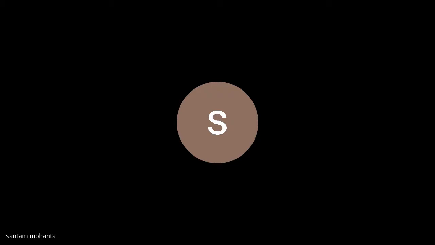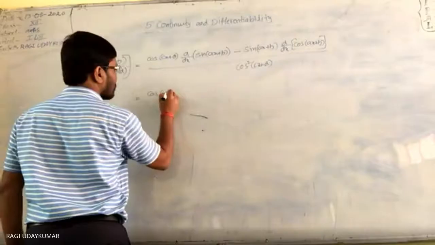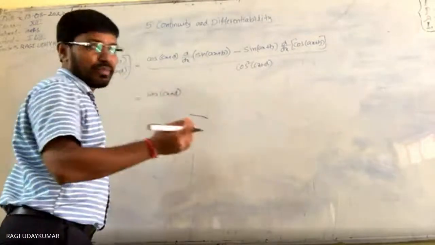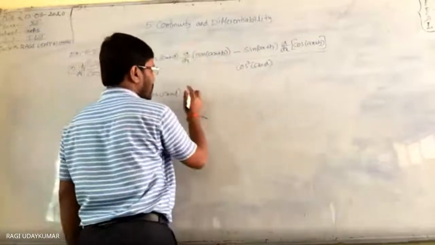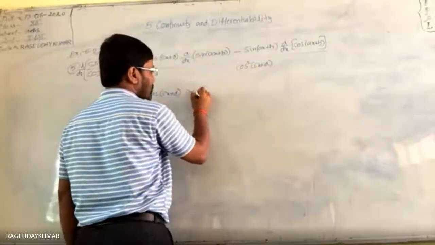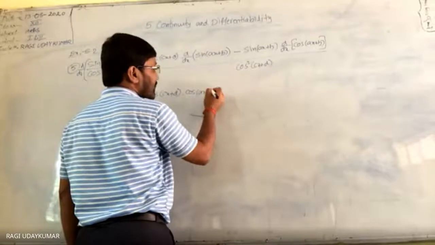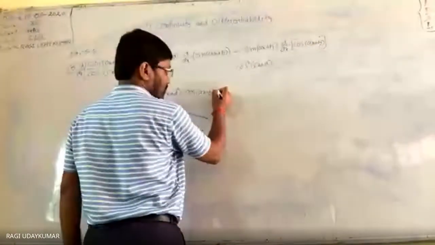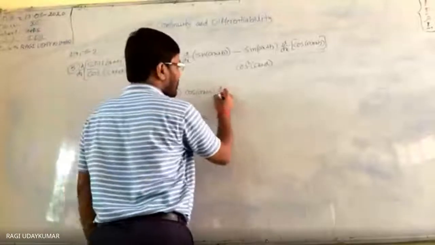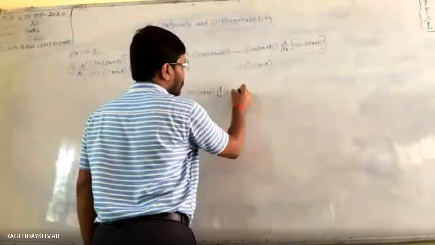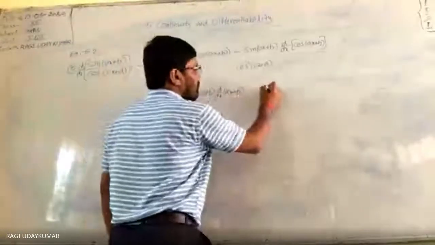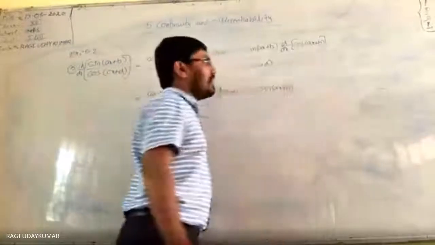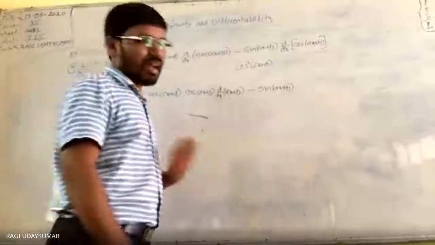Now here, this is cos cx plus d into d by dx of sin ax plus b. The differentiation of sin is cos. So again cos ax plus b into d by dx of ax plus b, minus sin ax plus b into the differentiation of cos x, which is minus sin x.